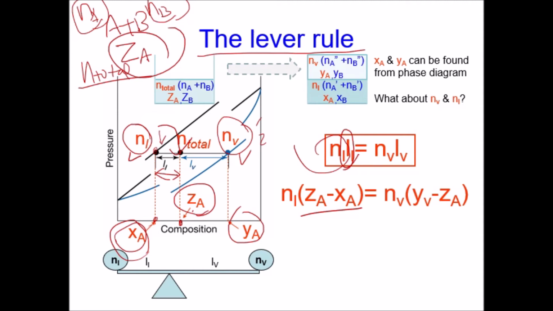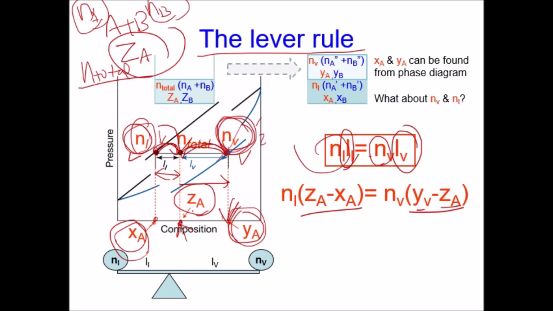And that equals NV, the number of moles in the gas phase, times YA minus ZA. YA is the mole fraction in the gas phase, minus the initial total composition. That is the length towards the vapor composition curve, which is called LV. So again, it's NL times LL equals NV times LV.